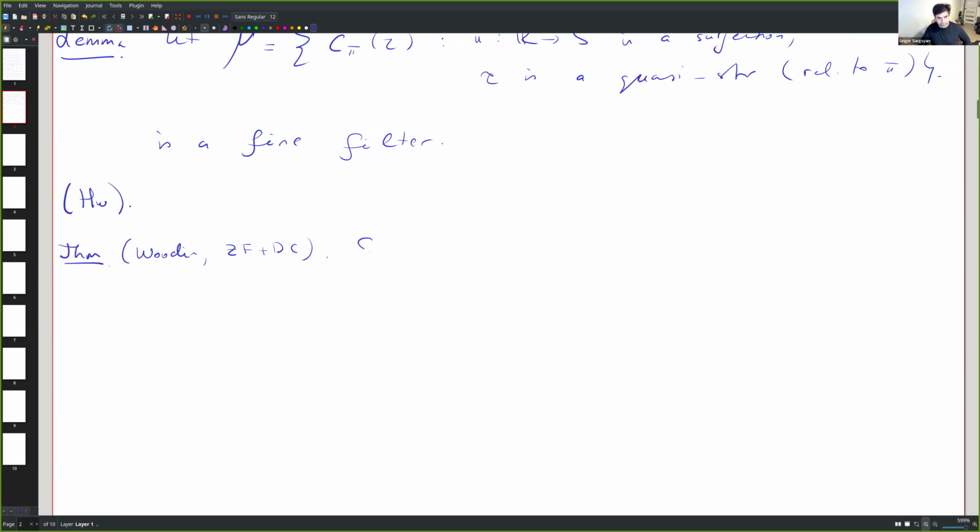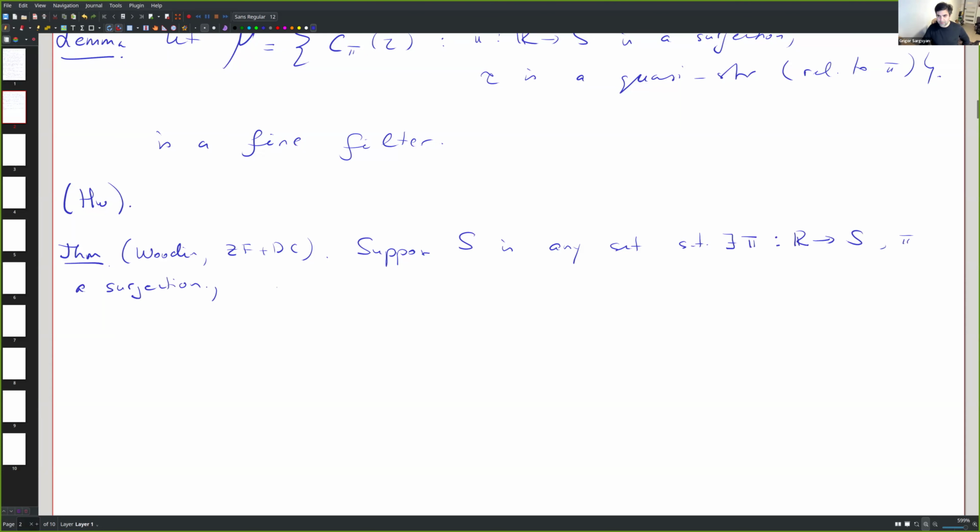So suppose S is any set such that, and this is important, there exists a surjection.